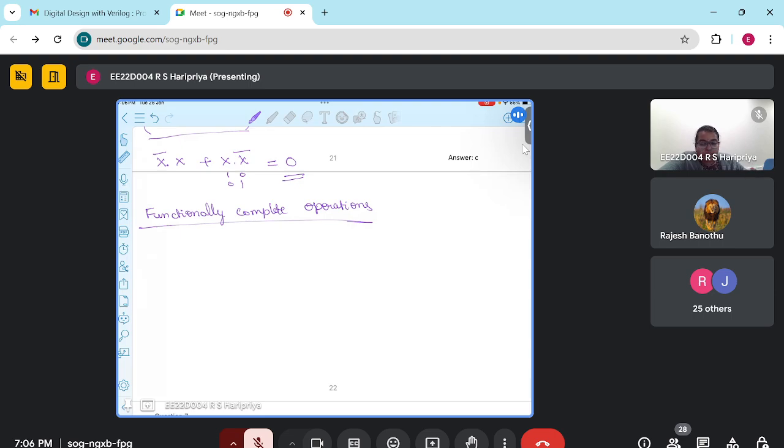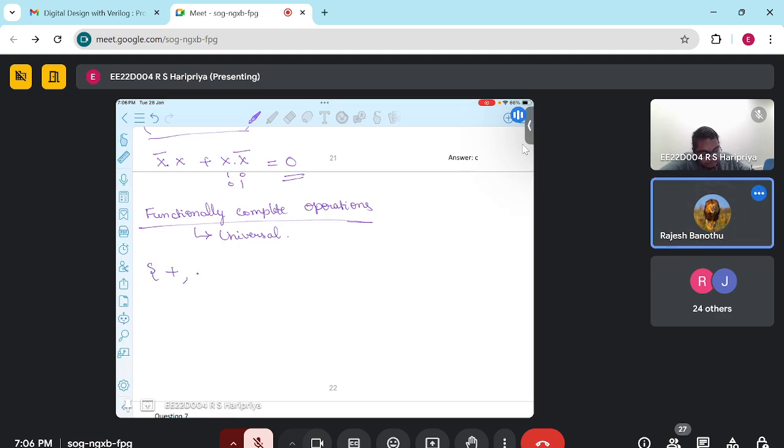A set of operations is said to be functionally complete, also called universal, if and only if every switching function can be expressed entirely by means of that operation from that set. One of the sets is all the basic gates: AND, OR and NOT. Any other set should be able to implement the functions AND, OR and NOT.